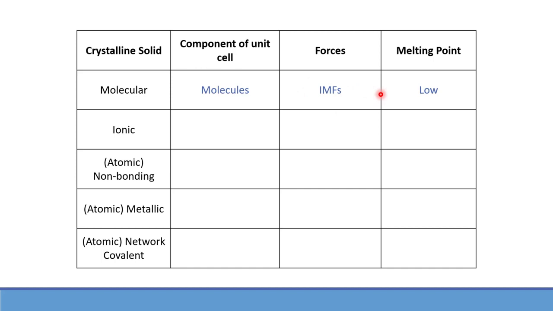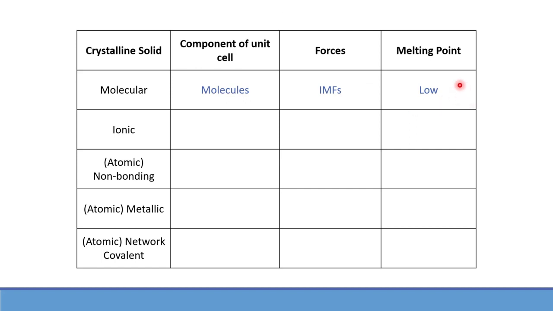You will not see ion-dipole in the molecular crystalline solids, because they would involve an ion and a molecule, and we're talking about solids where that doesn't really happen. The melting point of these compounds is relatively low.